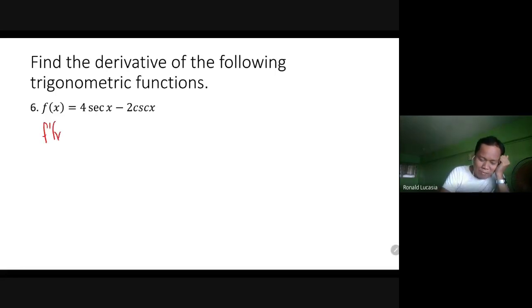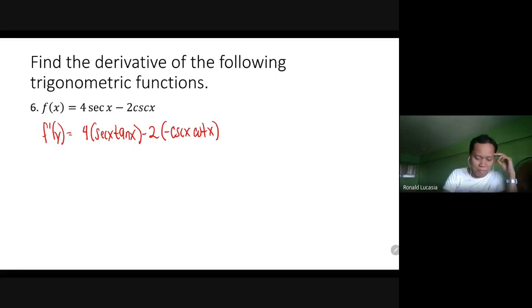Kasi, para siyang polynomial. So, we have now, the derivative of secant x is secant x tangent x. Tapos, ang derivative naman ni cosecant x ay negative cosecant x cotangent x. Simplify mo lang.